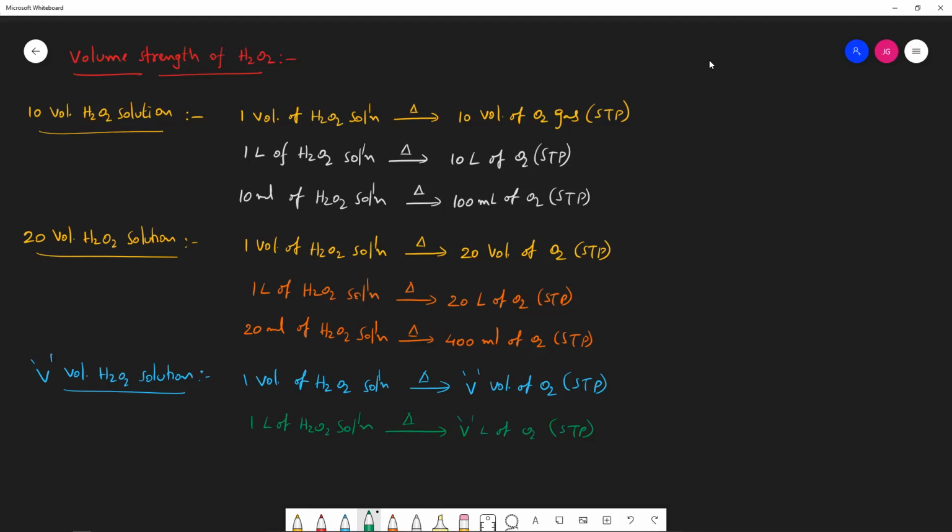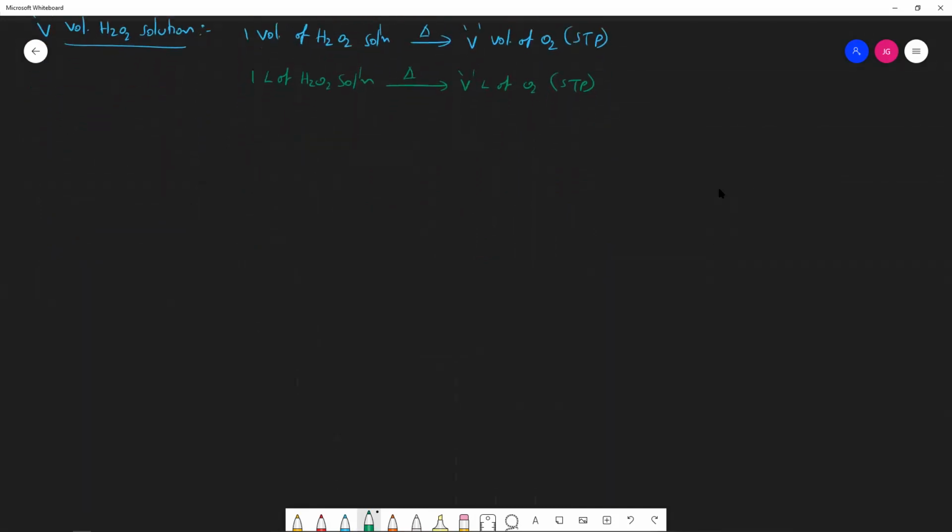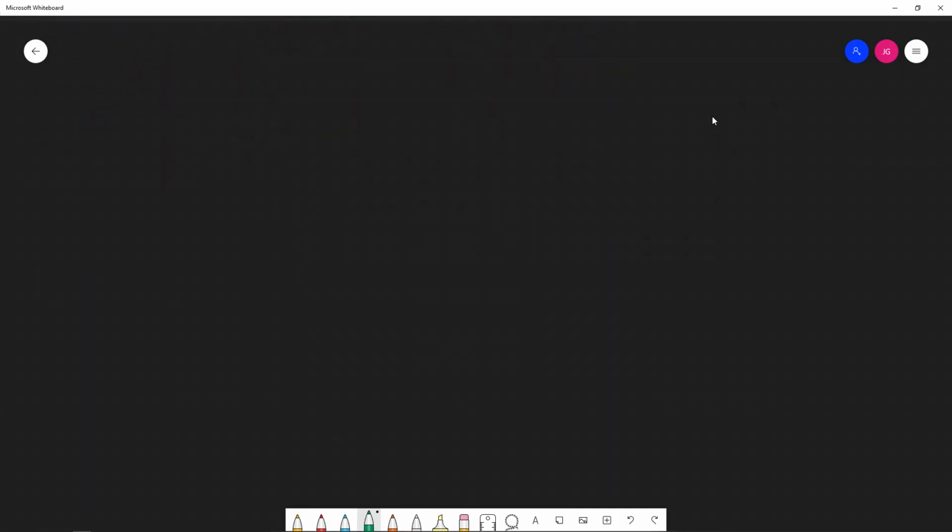Okay, so now we will move on to the derivation for the relation between volume strength of H2O2 and weight by volume percentage. So now we will do this one. Look into this. Yes.